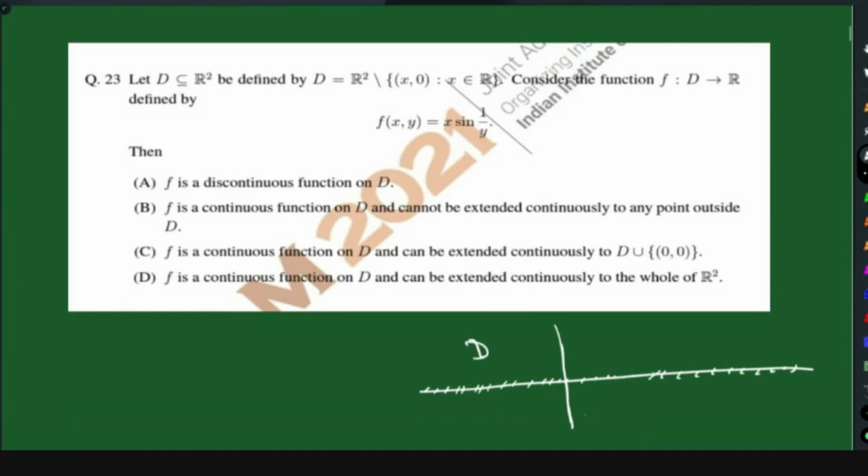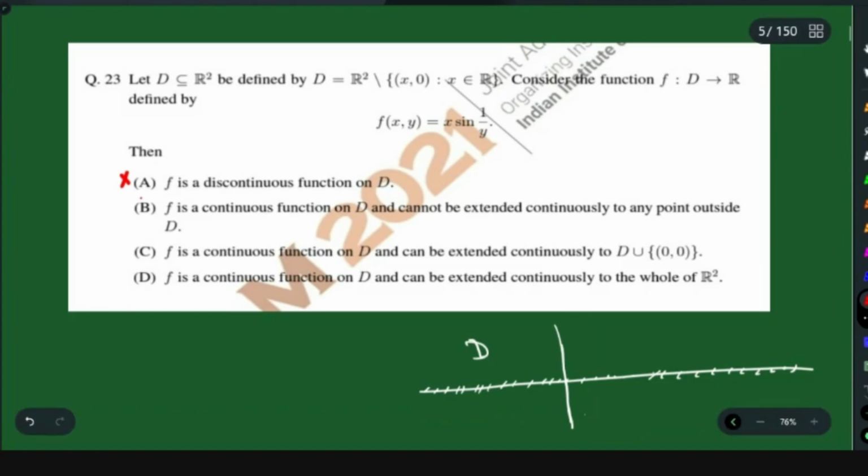So what about the second option? The first option is wrong, right? F is discontinuous on D is wrong. Now look at the second option: F is a continuous function on D and cannot be extended continuously to any point outside D. Is that correct? Okay, let it be there.